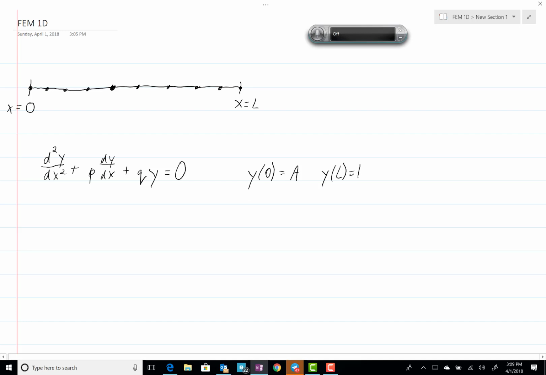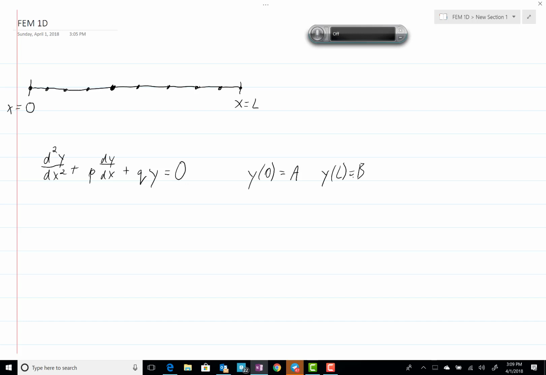Well, in this case, what we want to solve for, of course, is y, and since y is known at x equals 0 and also at x equals L, we can take advantage of that right away.